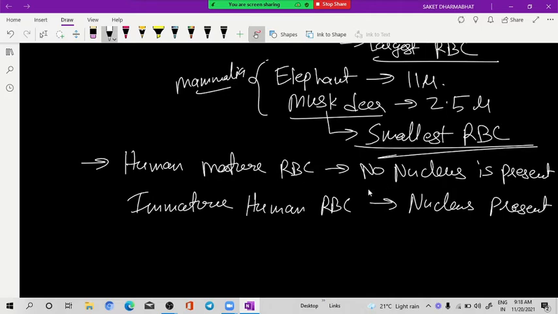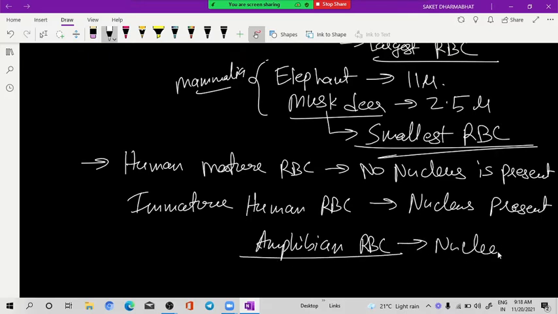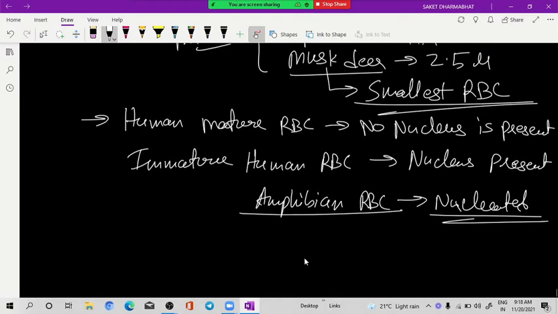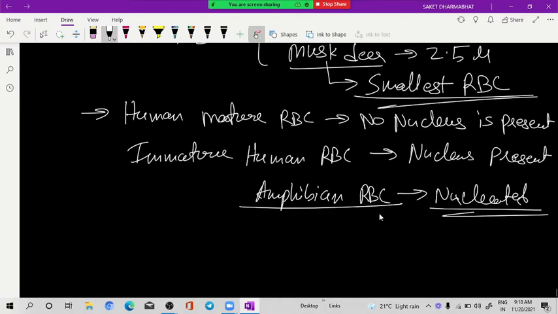Now, one thing. Up to here you understood? Amphibians' RBC, like frog. Amphibian RBC is nucleated, means nucleus is present in the mature RBC of amphibian.